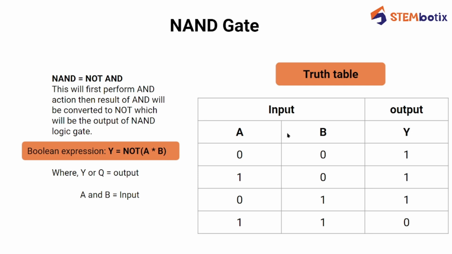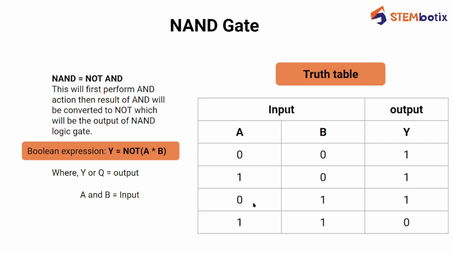So whenever both the inputs are 0, you will have output as state 1. Why? Because 0 into 0 is 0, but not 0 means 1. Whenever there is 1 0 or 0 1, the multiplication gives 0, and not 0 will also give you answer as 1.